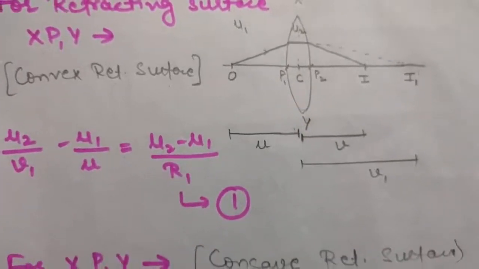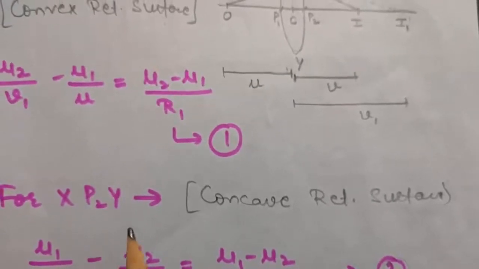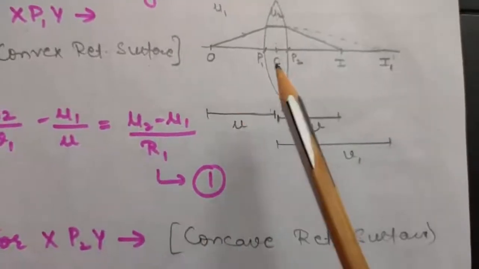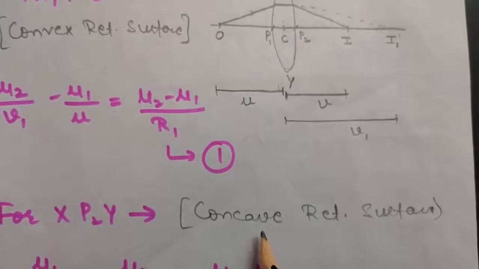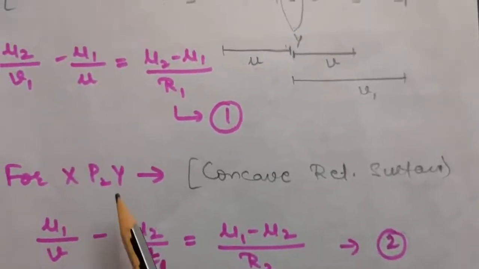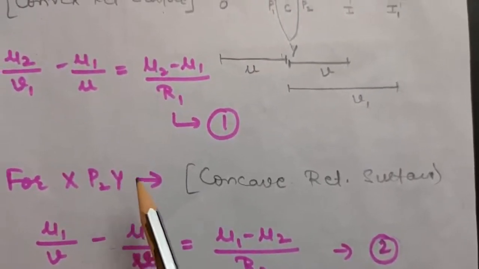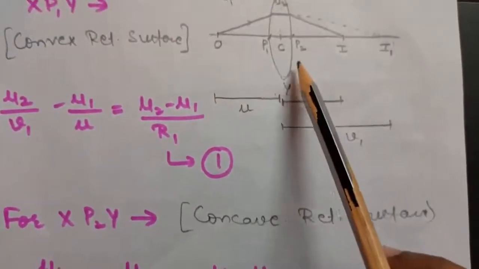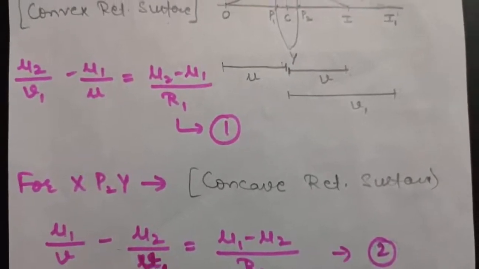Mark it first equation, and similarly we will take it for xp2y. Now look here, this is your xp2y. It is concave towards rarer side, that means it is a concave refracting surface. So again using the formula for it, that is mu1 upon v minus mu2 upon u is equal to mu1 minus mu2 upon r. Therefore mu1 upon v, because for this surface the image is formed at v, minus mu2 upon u.